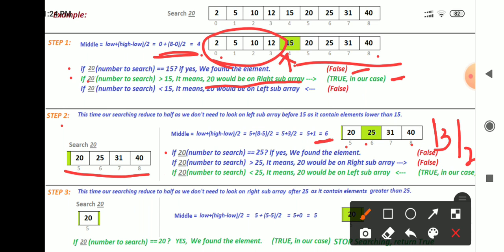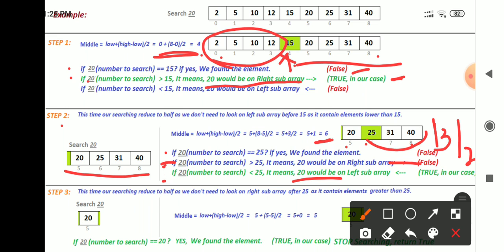We check the second condition: if 20, the number to search, is greater than 25, it would be in the right sub array. It is not, so this condition is false too. Now we check if 20 is less than 25. Yes, 20 is less than 25, so it will be in the left sub array.